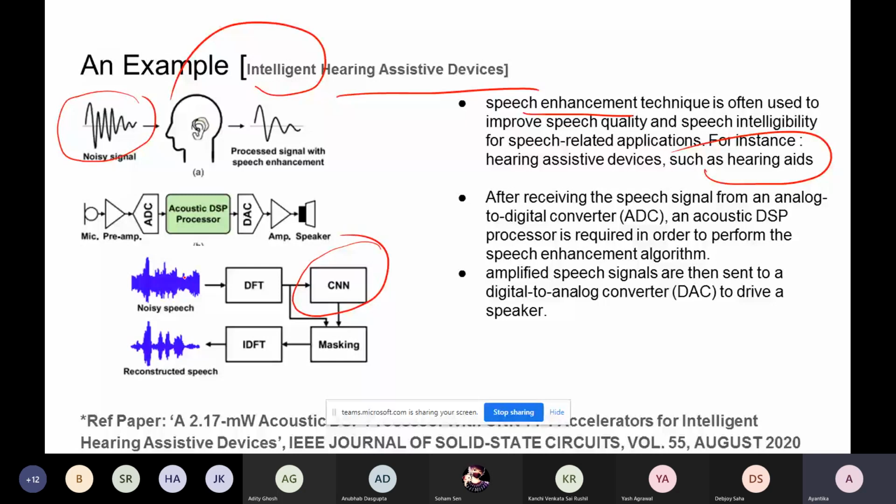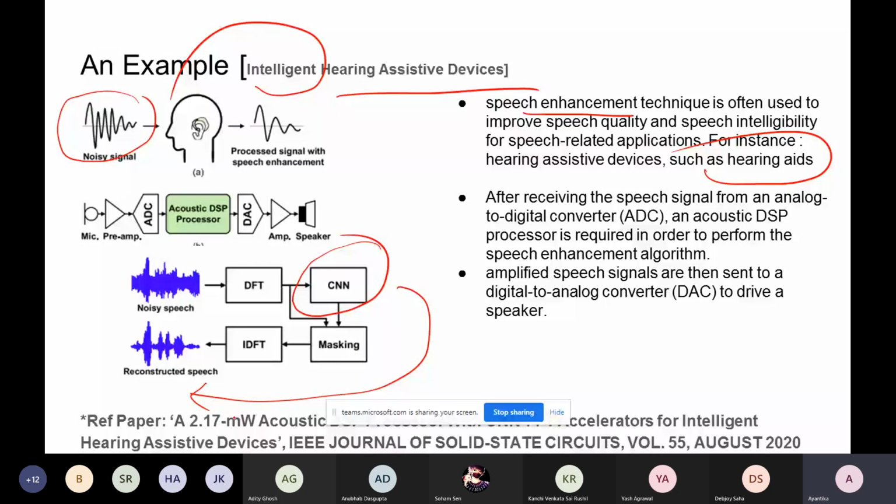So the device is capable of masking some noise and outputs the reconstructed speech as the output of this smart hearing aid. That was the example we were about to take.